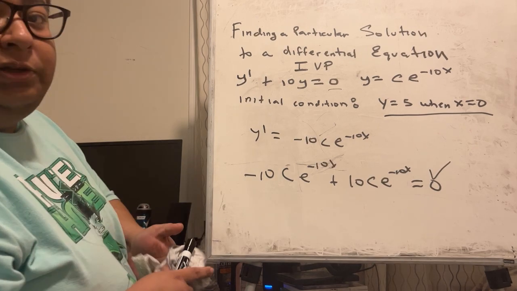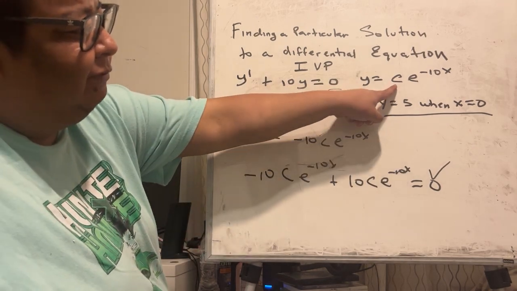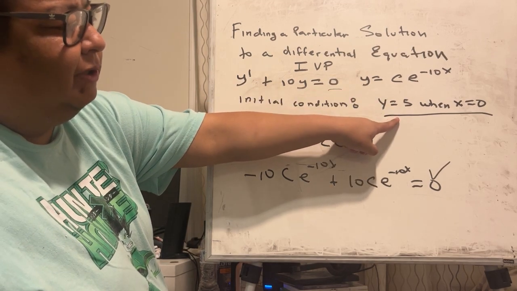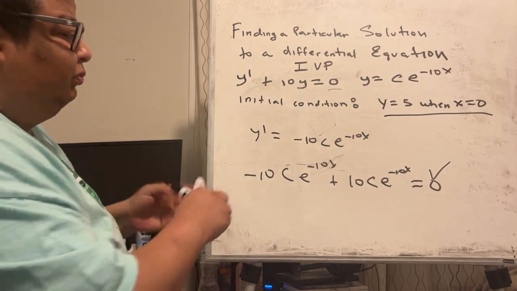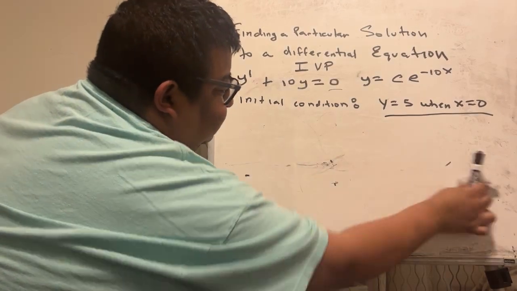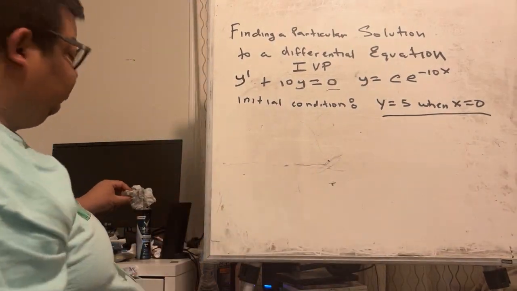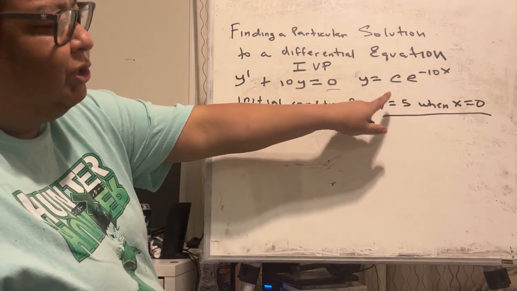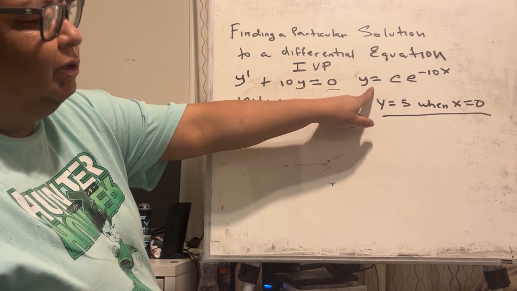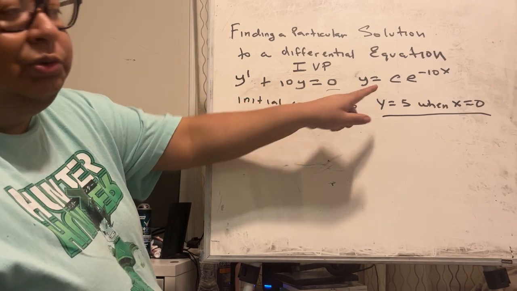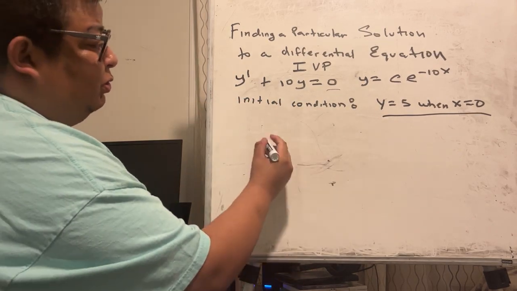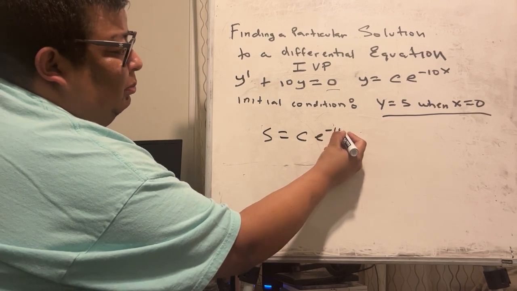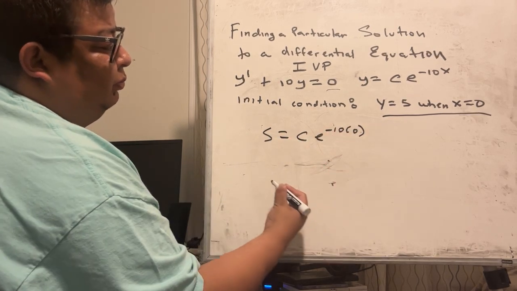Now, to find a particular solution, we have to find the value of the constant using the initial condition. Because we're given y and x, we plug them into the general solution. So 5 equals c e to the minus 10 times 0.